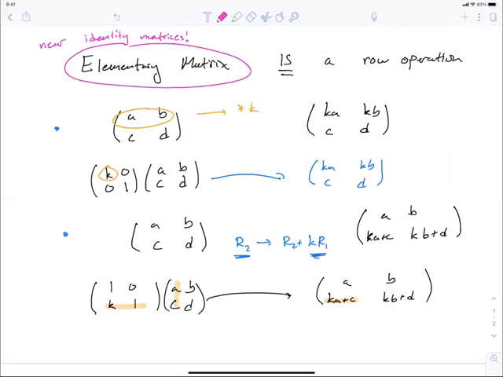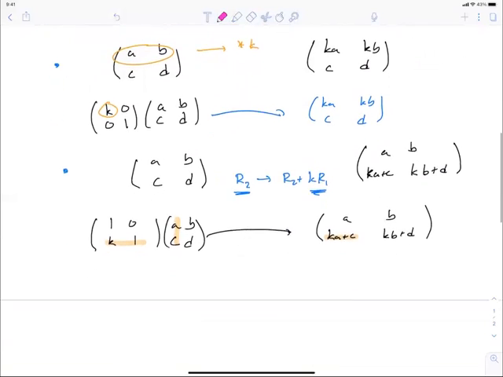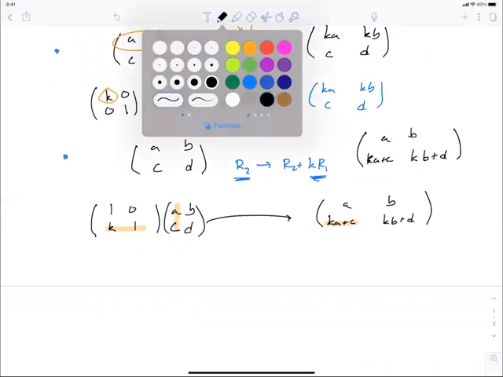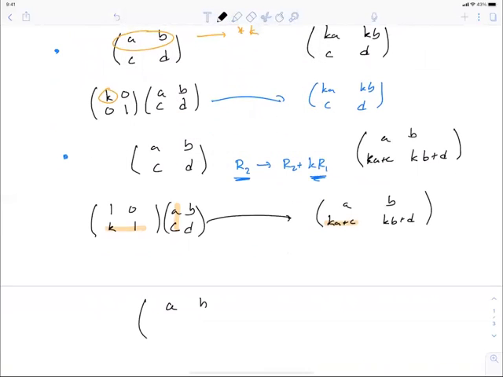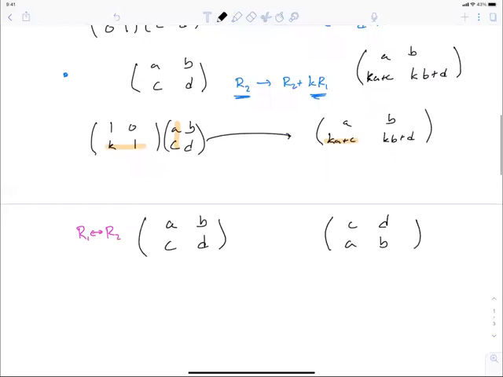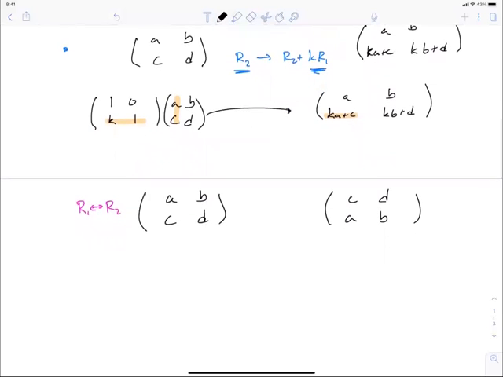And we have one additional elementary matrix that we seldom use, one additional row operation. And that is if we want to swap two rows. So sometimes we might want to swap two rows. And we're going to get that by taking the identity matrix and swapping the two positions.